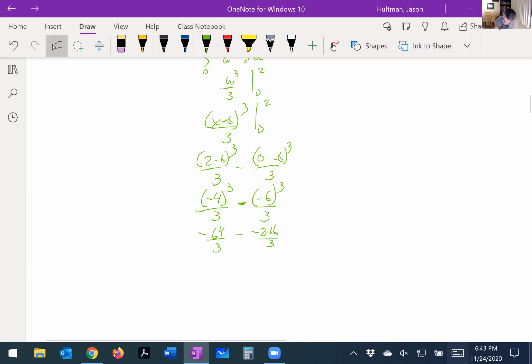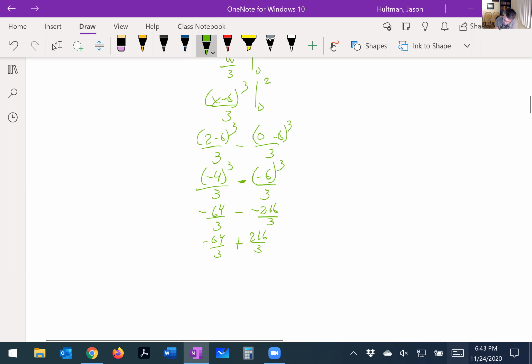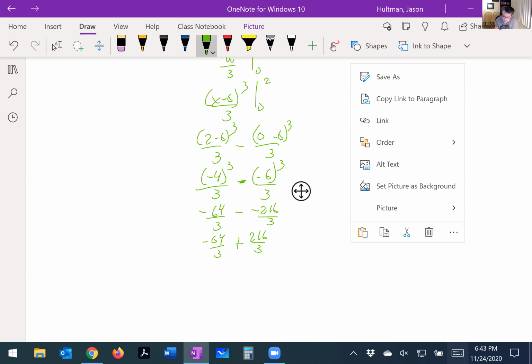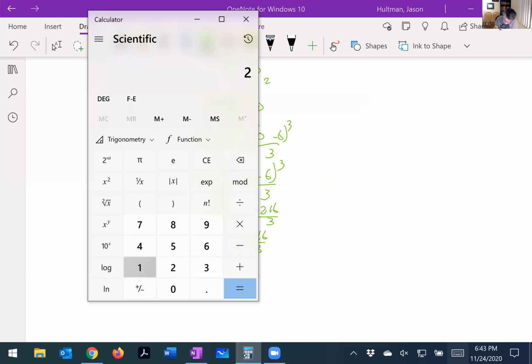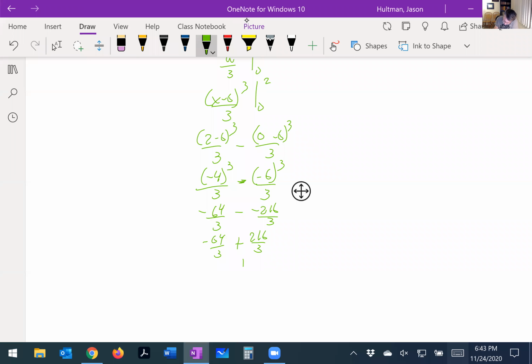So this is going to be negative 64 over 3 plus 216 over 3. So what's 216 minus 64? It is 152. So this is 152 over 3, and we'll get to what that is in a second.